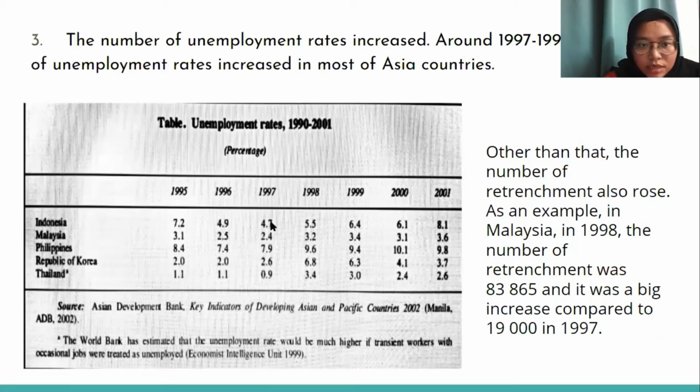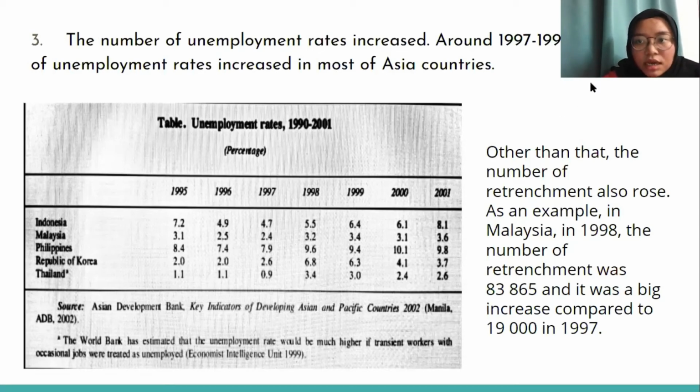From 1997, the unemployment rate in Indonesia increased from 4.7% to 5.5%, in Malaysia 2.4% to 3.2%, in the Philippines 7.9% to 9.6%, in the Republic of Korea 2.6% to 6.8%, and in Thailand 0.9% to 3.4%.